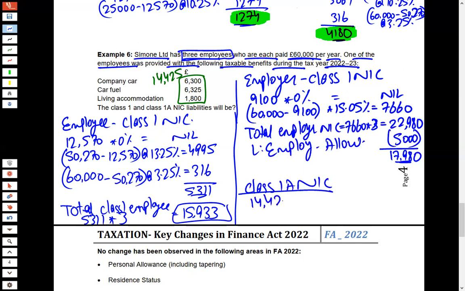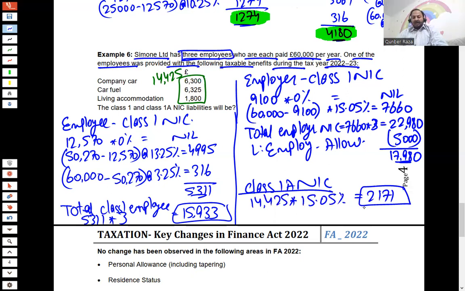So 14425 will attract NIC at the rate 15.05%, which works out to be 2171 to be round. So this is the basic simple calculation of the NICs, nothing changed, nothing very much to highlight or explain, just some sweet and simple changes in the tax rates.